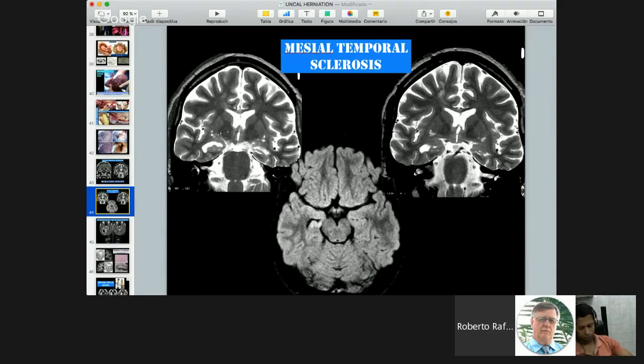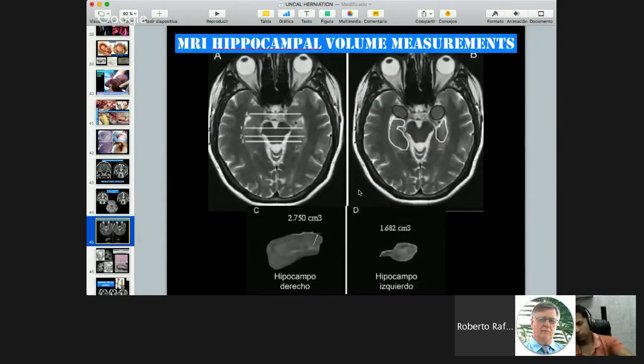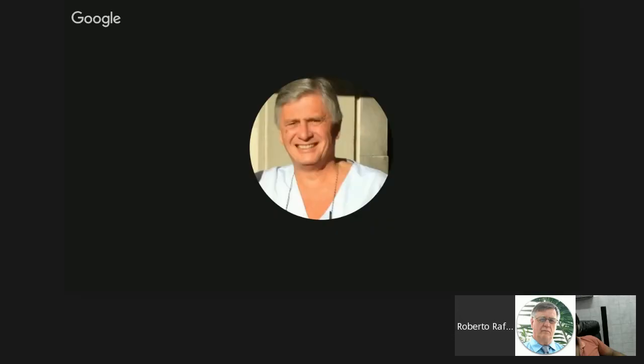Nowadays we can take measurements of the volume and compare one temporomesial sclerosis with another. I'm going to show you some cases.